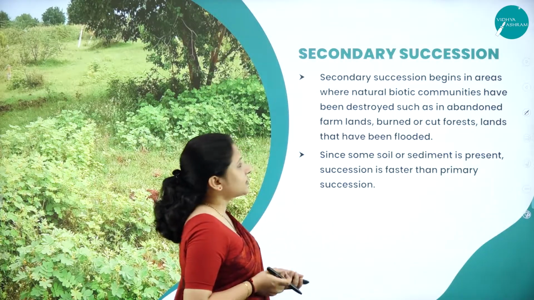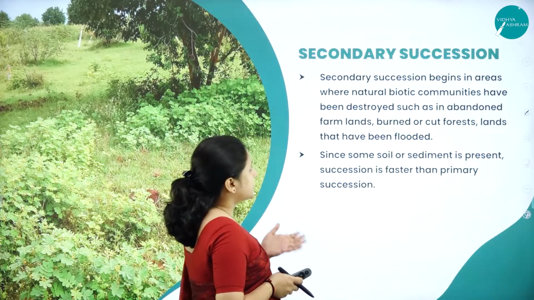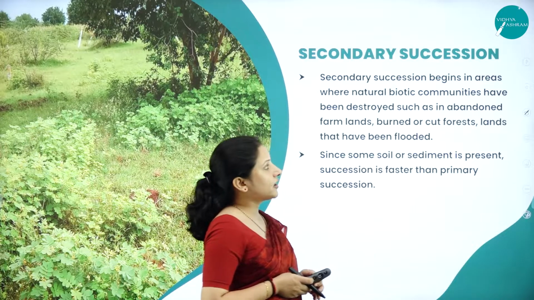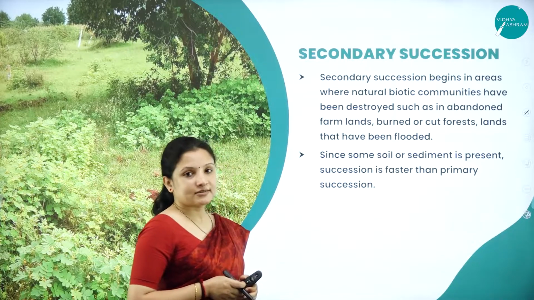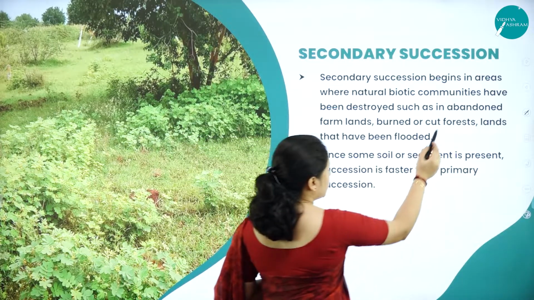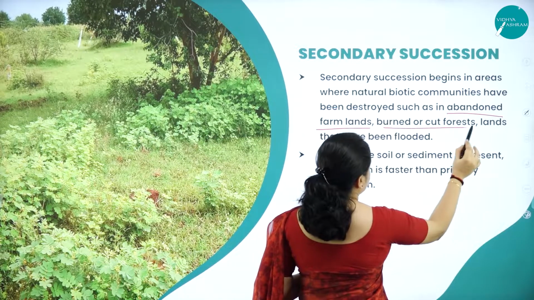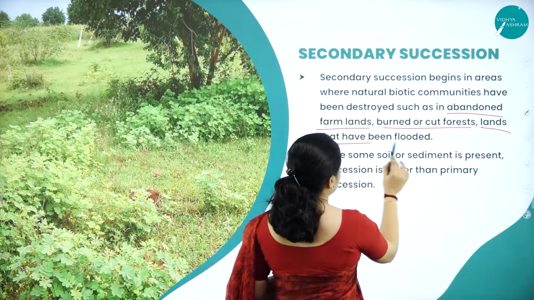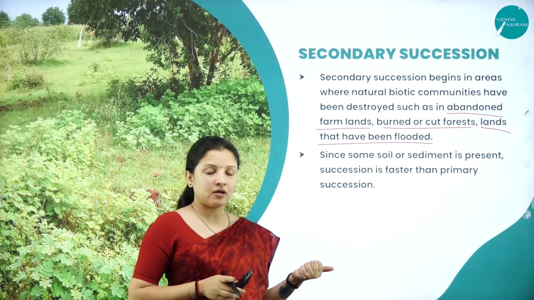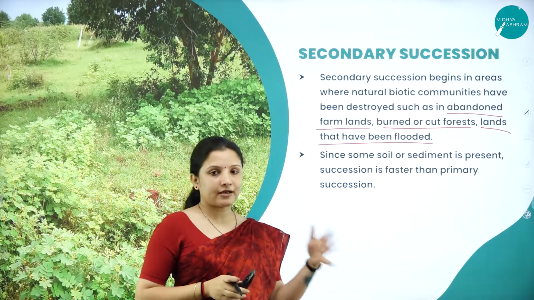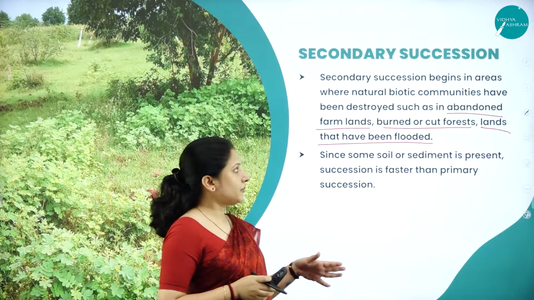So next, talking about secondary succession. Secondary succession begins in areas where natural biotic communities have been destroyed, such as abandoned farmlands, burned or cut forests, and lands that have been flooded. Abandoned farmlands means earlier plants were there, but because it was abandoned, the plants got destroyed and it became barren.